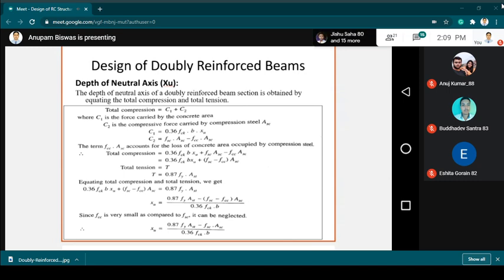So, ignoring that, neglecting that, the equation stands as 0.87 FY AST minus FSC into ASC. FSC. So we get the depth of neutral axis from here. Okay, I hope all of you have understood.